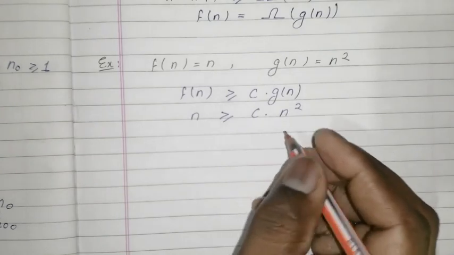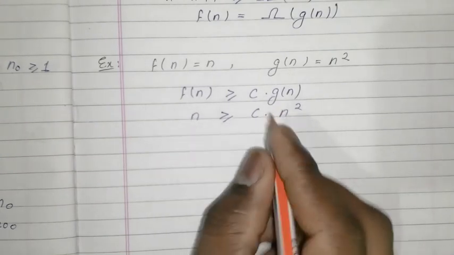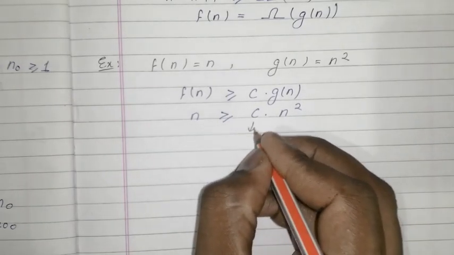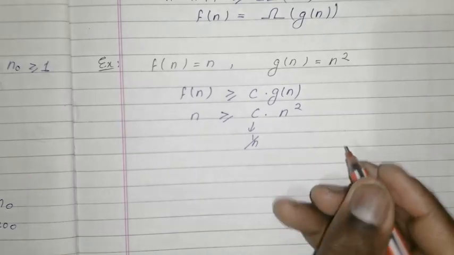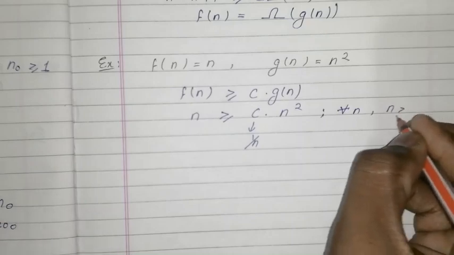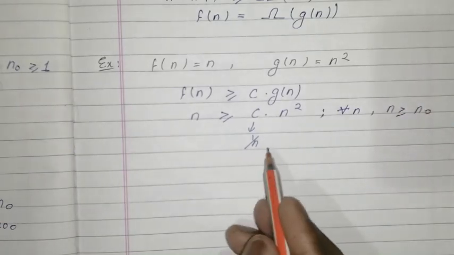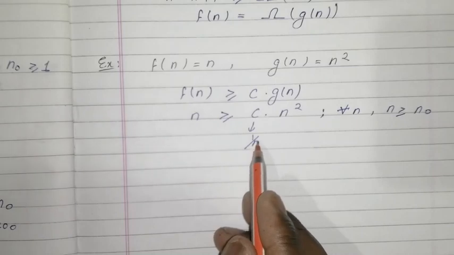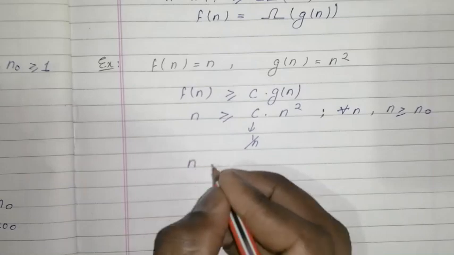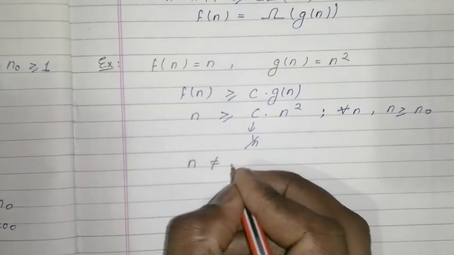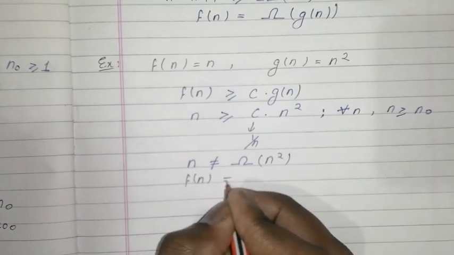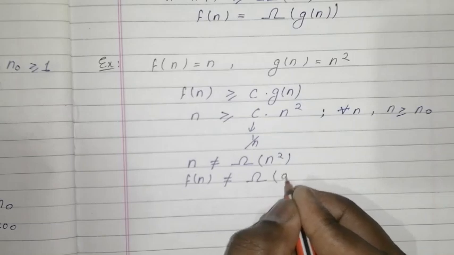If we put the value of c as some constant, we cannot prove n is greater than or equal to n square. If we take c as 1 by n, this is true for every n where n is greater than or equal to n naught, but 1 by n is a function, not a constant, so we cannot prove it. n is not equal to omega of n square. Therefore f of n is not equal to omega of g of n.